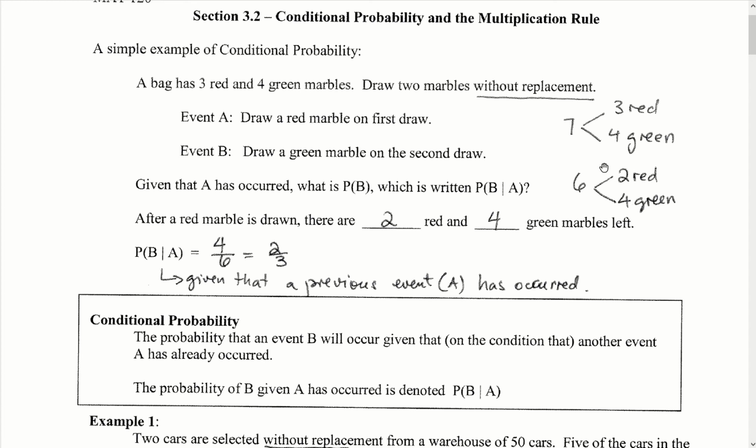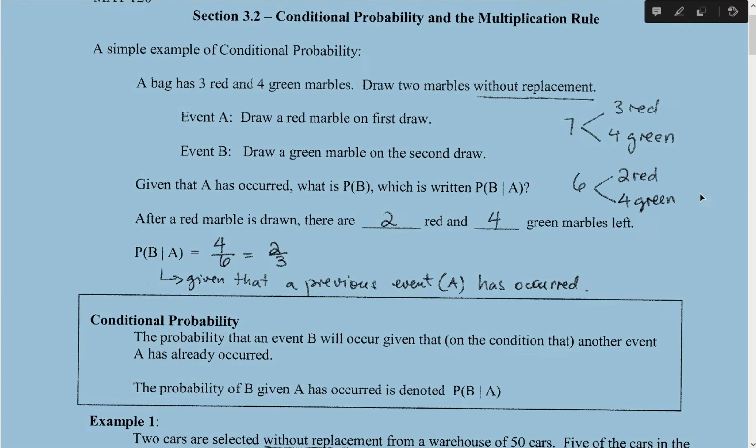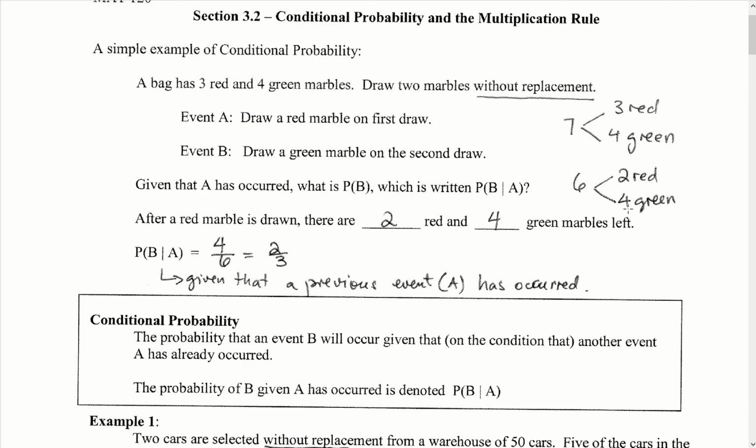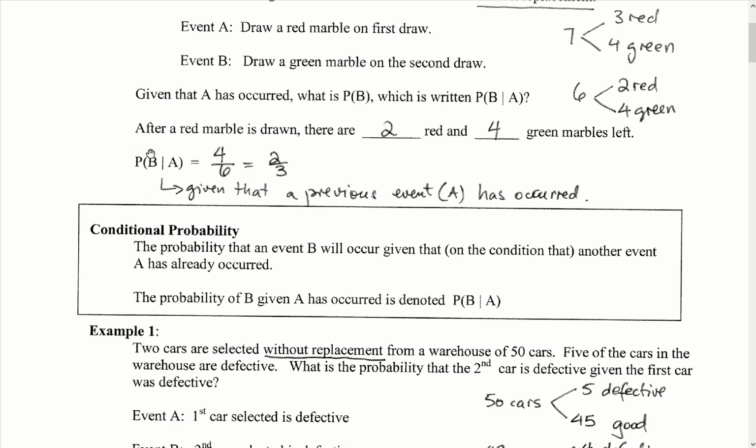So when we go in to take our second selection, these are the circumstances. There are 4 green marbles out of a total of 6 marbles, which is a probability of 4 over 6, which is 2/3. So the probability of B given A is equal to 2/3. As a decimal, that would be 0.667.